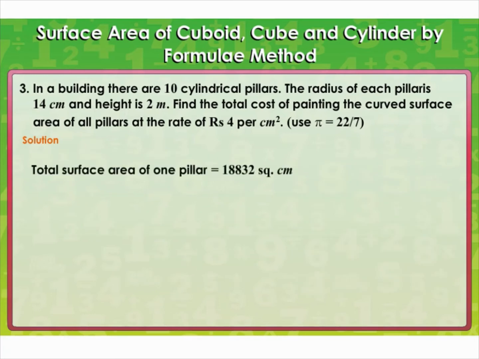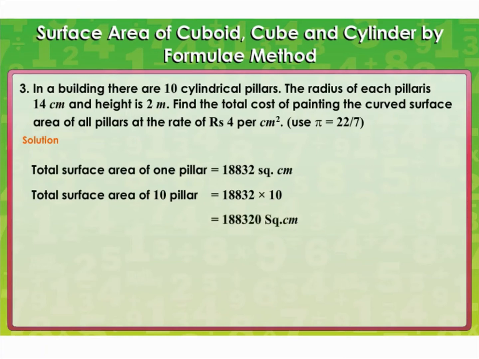Total surface area of one pillar is equal to 18,832 square centimeters. Total surface area of 10 pillars is 18,832 into 10, which is 1,88,320 square centimeters.